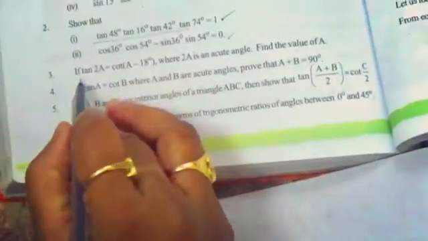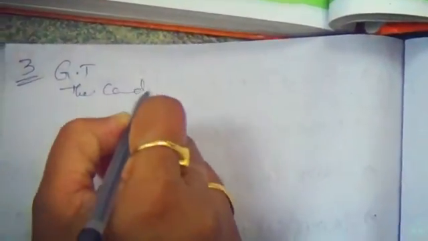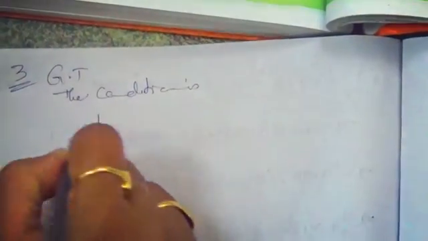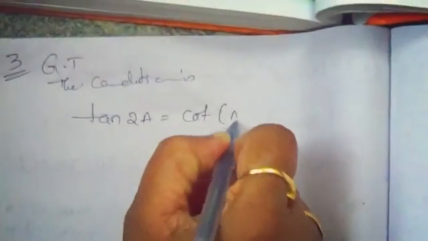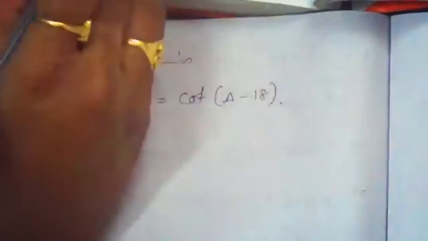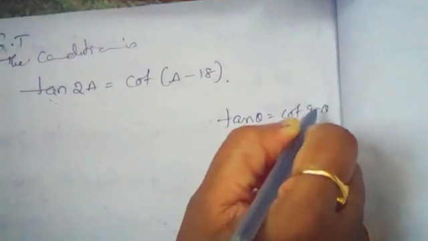Now look at the third sum. If tan 2A is equal to cot (A minus 18), here the condition given is that 2A is an acute angle. So in the place of the first one, I want to change tan theta is equal to cot (90 minus theta).